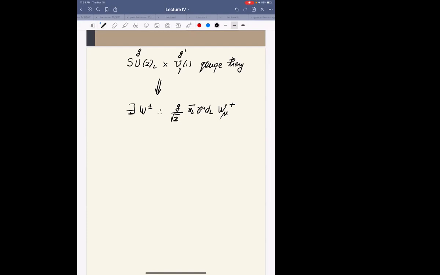This is the culprit. This is the messenger of the original weak interaction of beta decay. We don't know its mass. The theory cannot per se tell you the mass. Actually, if the symmetry is there, it would be even massless.